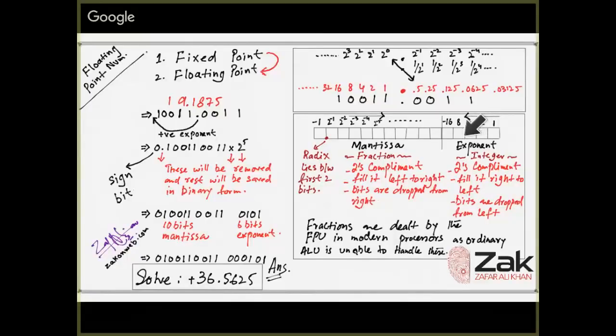Now what happens is that out of these bits, a few are allocated for exponent and a few are allocated for Mantissa. This whole one big combination of bits has a few bits for Mantissa and a few for exponent.